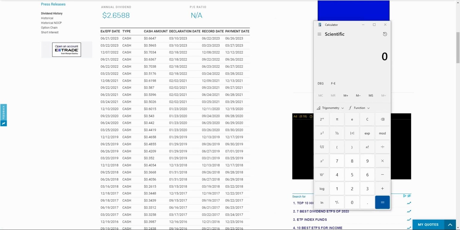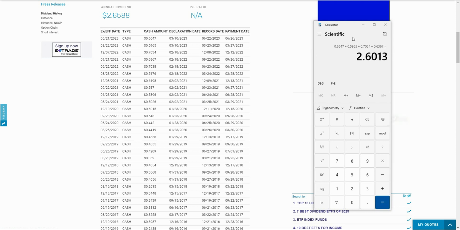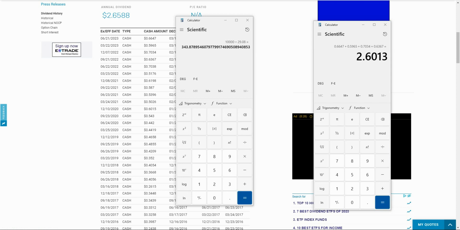But as I said, dividends grow over time, so I'm going to calculate the dividend you would have received had you held and didn't sell anything. What would you have gotten over the past 12 months? So I'm going to add those numbers up right now. Over the past 12 months, you would have received a dividend of about $2.60. Now I'm going to multiply the trailing 12-month dividend currently by the number of shares that you bought in 2013, and we're going to keep it simple and round it a little bit.